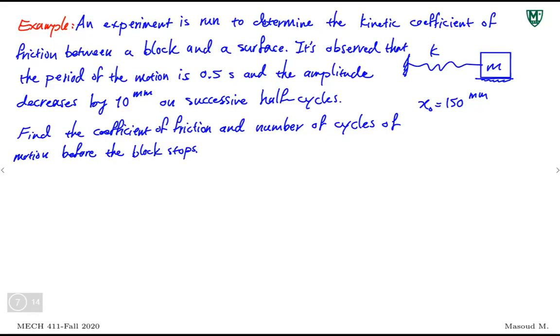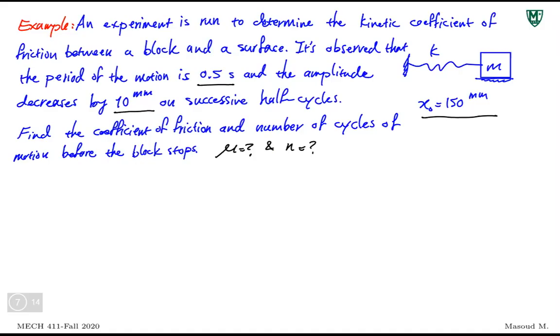All right. Here is the information I have. Initial position is given, time period is given, the amplitude reduction is given. I have to find the coefficient of friction and the number of cycles of motion before the block stops. So I'm looking for mu and n.